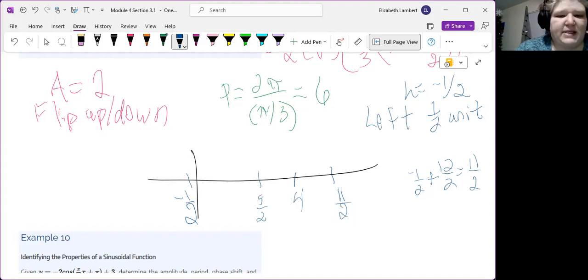And then back this way, negative 1/2, if I go up half a unit, I'm at 0. 5 halves, if I go back half a unit, I'm at 4 over 2, which is 2. So halfway between 0 and 2 is 1. So that is our 4th number. Those are the 5 numbers for where the marks are going to fall for the period.